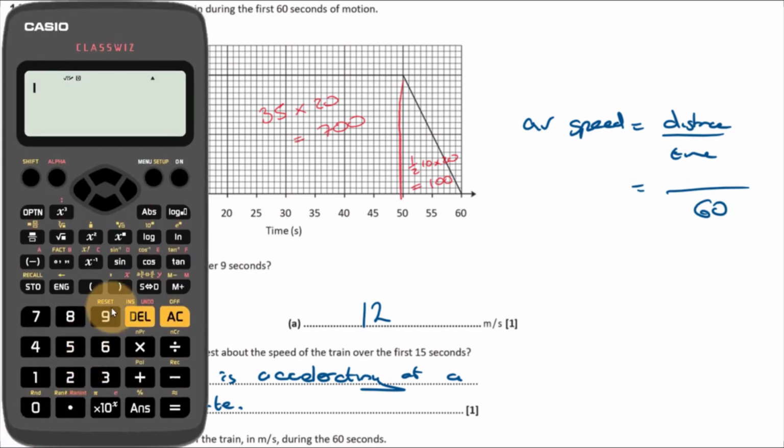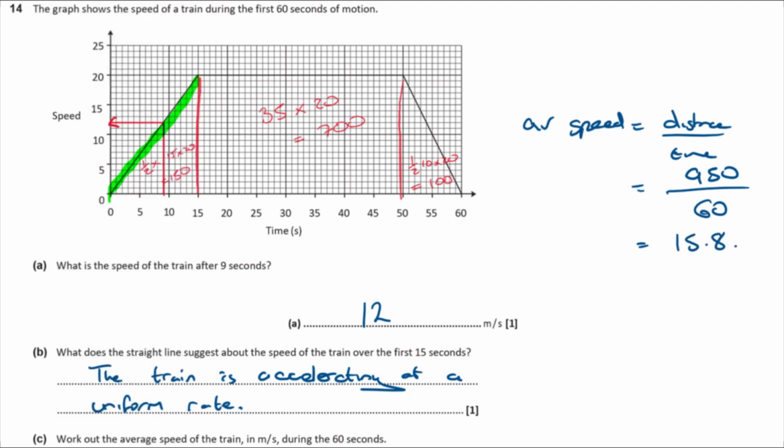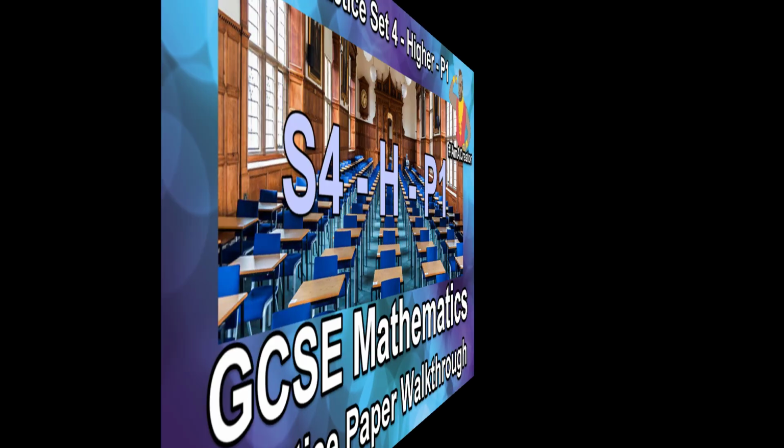So that's 950. 950 divided by 60 comes out to be 15.83 recurring. So I'm just going to round it off to 15.8. And that's going to be in meters per second.